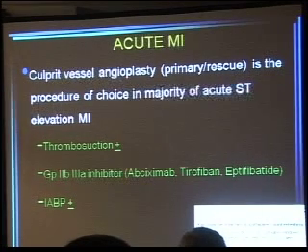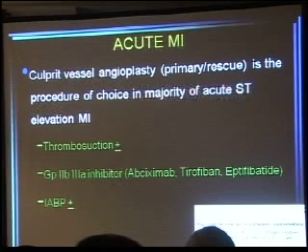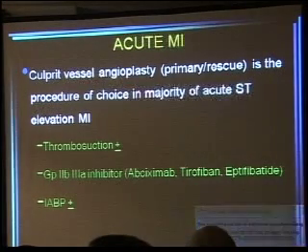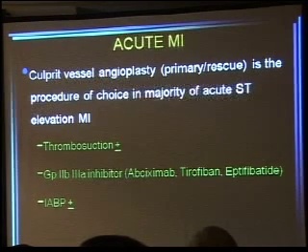In this setting, culprit vessel angioplasty is the procedure of choice in the majority of acute ST elevation myocardial infarction, and this is with adjunct thrombosuction in certain individuals, some GP2B3A inhibitors, abciximab, tirofiban, or eptifibatide, or, in a situation of cardiogenic shock, intra-aortic balloon pumps in association with acute myocardial infarction.